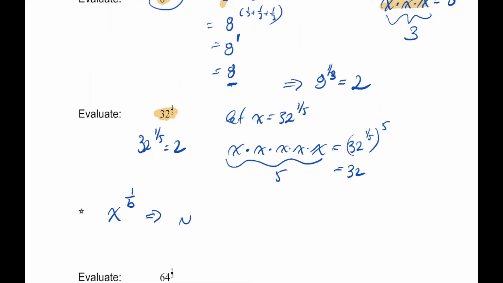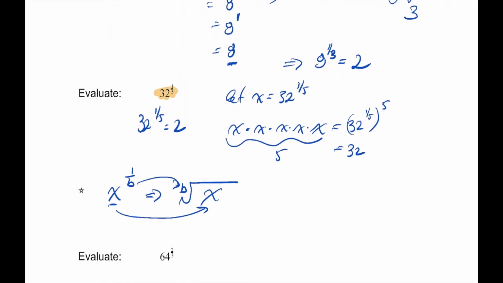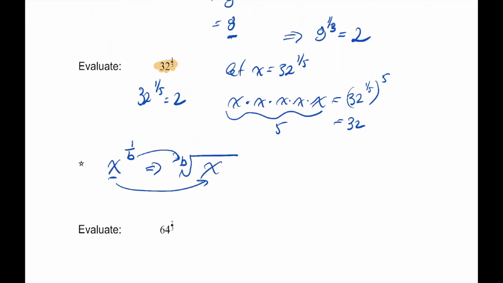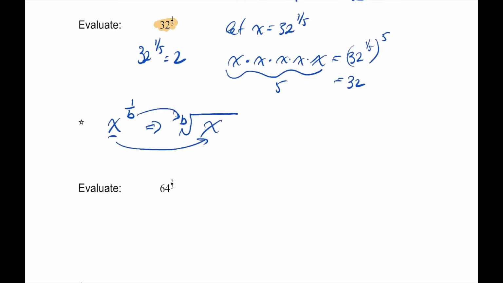The way we could write this is with a radical, where x is my radicand and b is my radix. This is really another way of expressing the same thing, except that we're using the radical symbol instead of a rational exponent. So we should be able to go back and forth between these two, even though it's just a different notation with the same meaning.